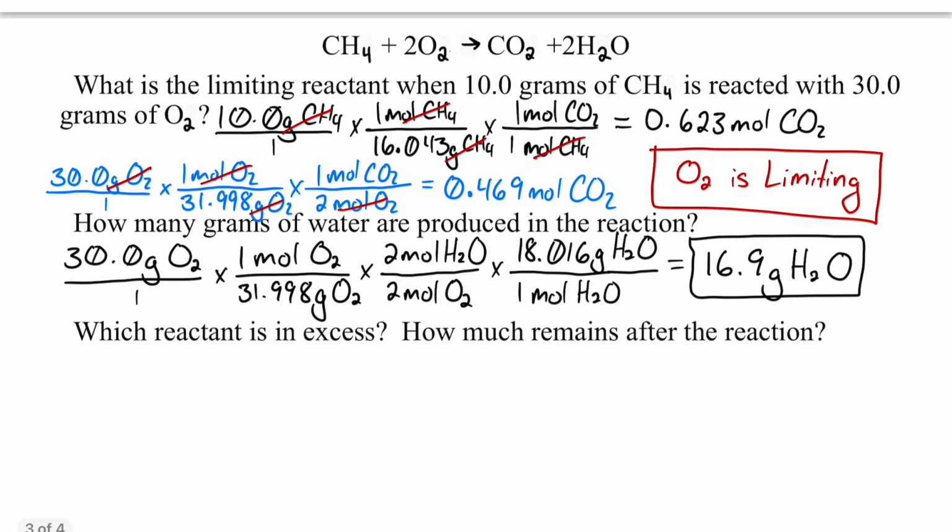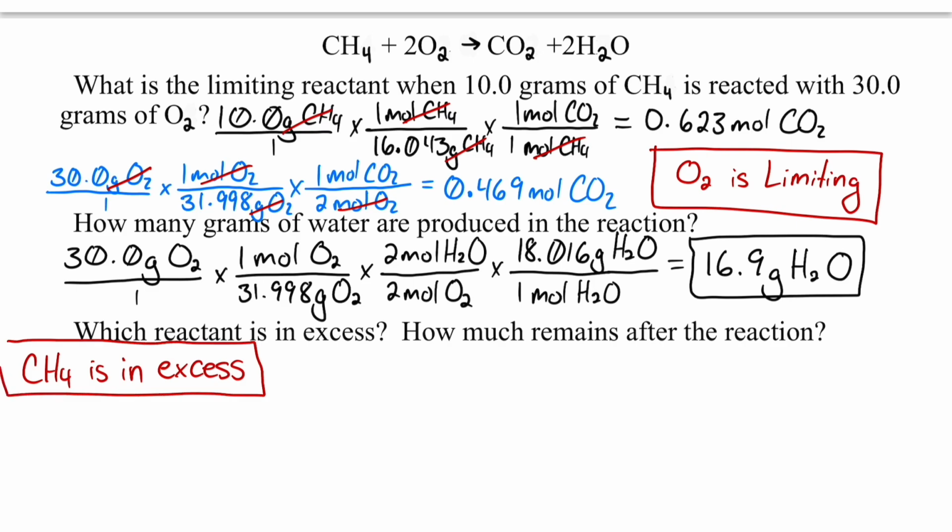Our third question is, which reactant is in excess and how much remains after the reaction? Well, the reactant in excess is methane. Being the reactant in excess means there's going to be some methane left over at the end of the reaction.